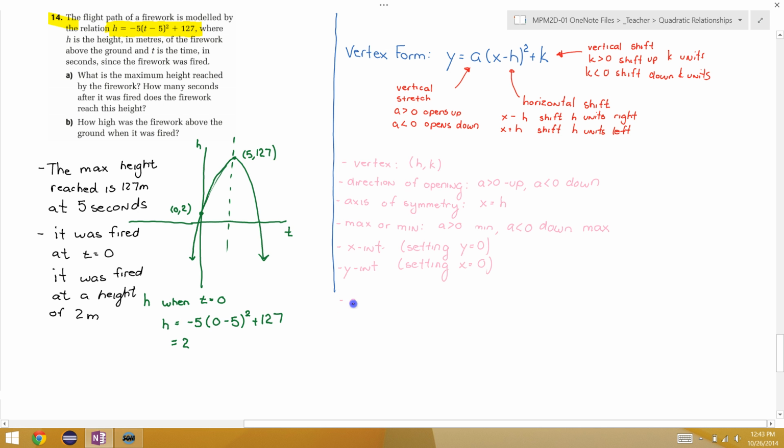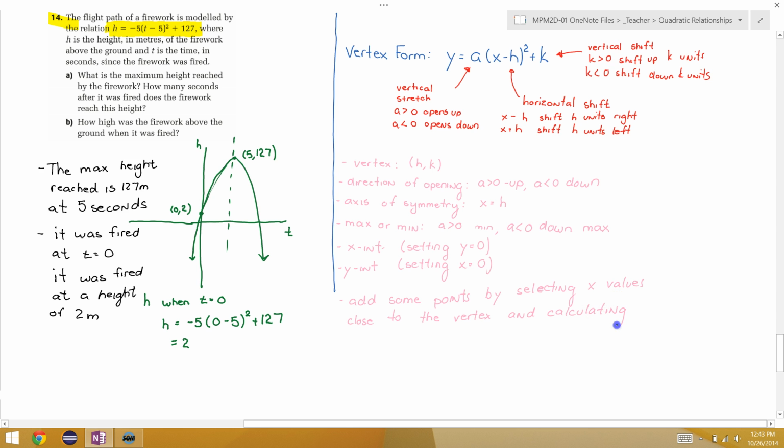So if you want to add a couple points, we can do that by selecting x values close to the vertex and calculating y.